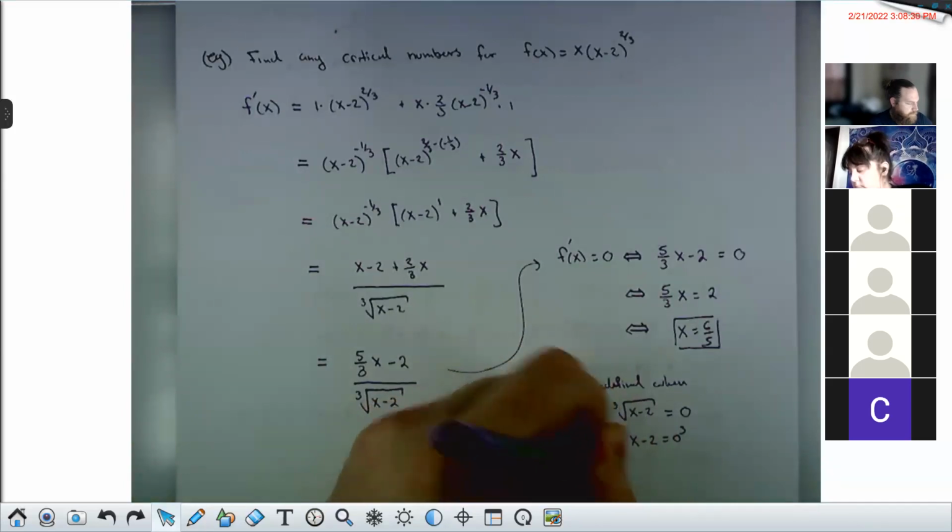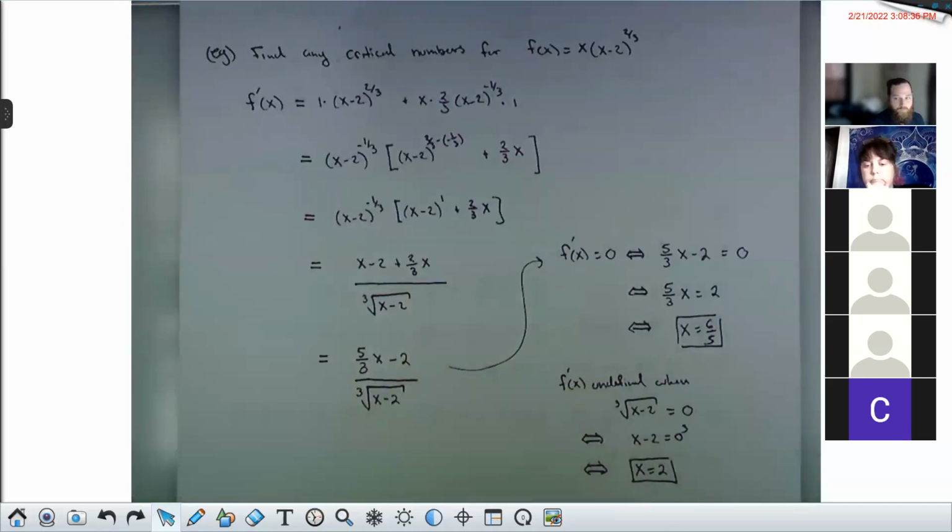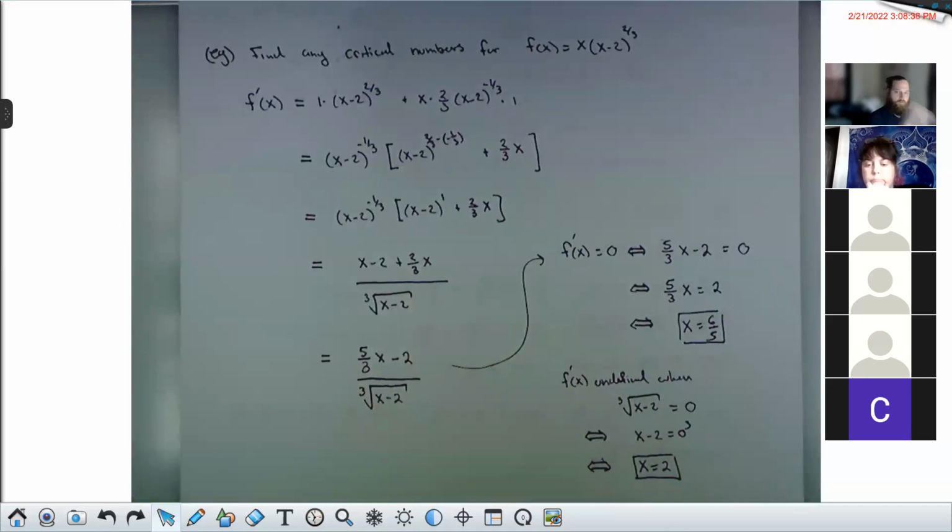So this is the same as saying x is equal to 2. The last thing you need to do is verify that both of these numbers are in the domain of the original function.